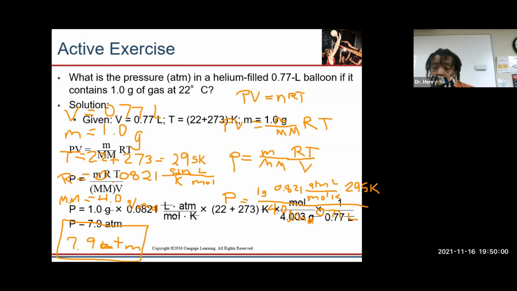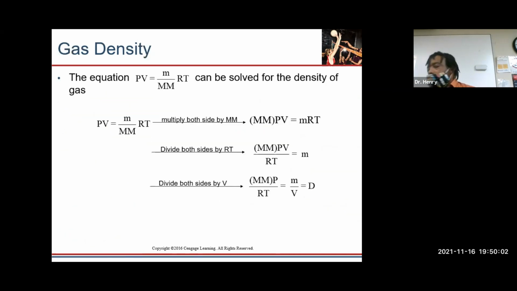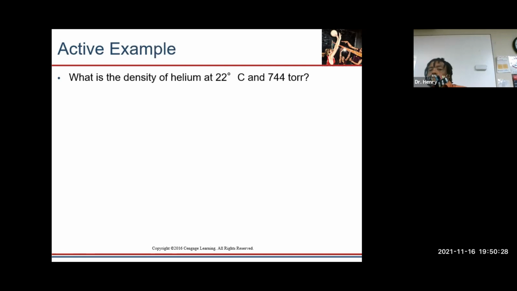Okay. So, as I mentioned, you can calculate the density of a gas by using the same equation and just solving for mass over volume. As we manipulate the equation, we end up with mass over volume, or molar mass times pressure divided by the ideal gas constant and the temperature. So what is the density of helium at 22 degrees Celsius and 744 torr?